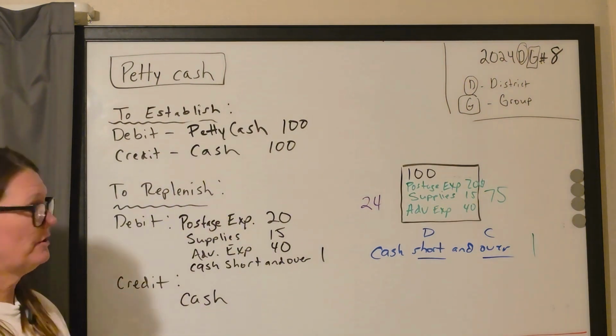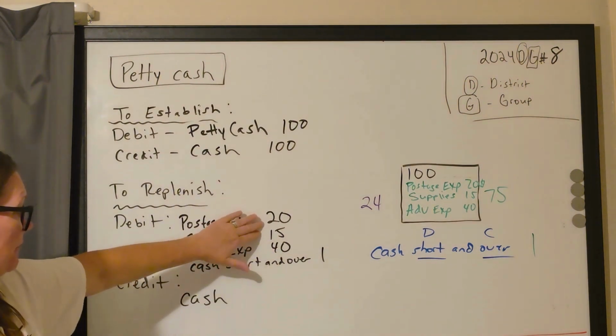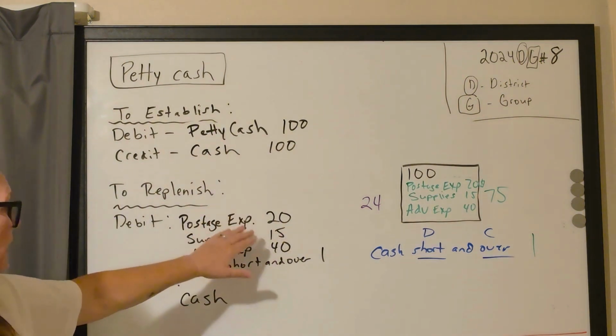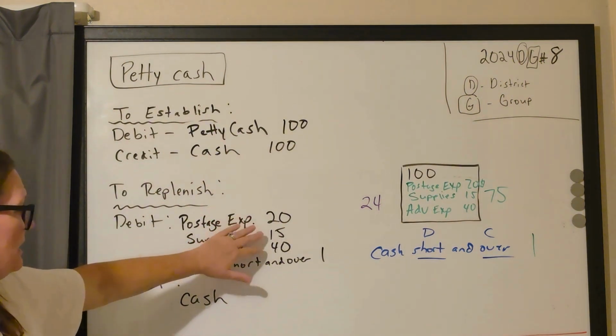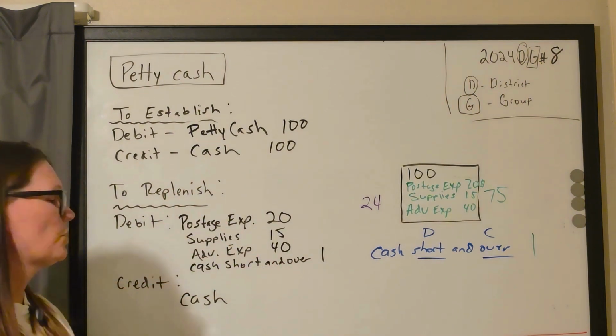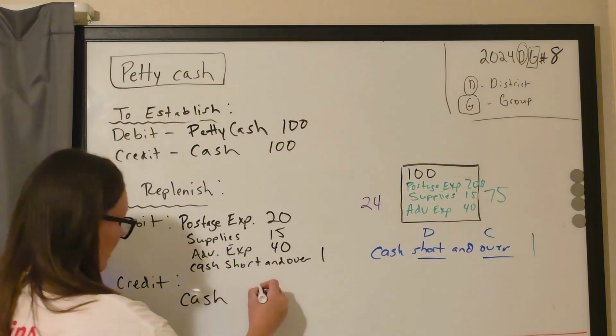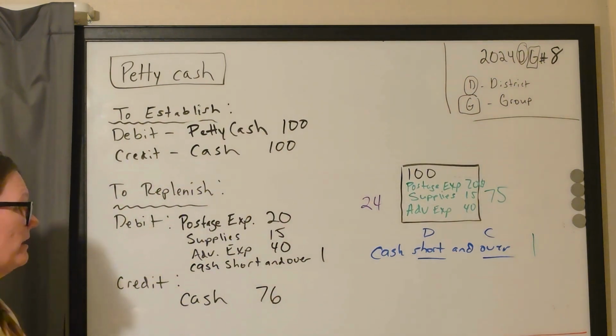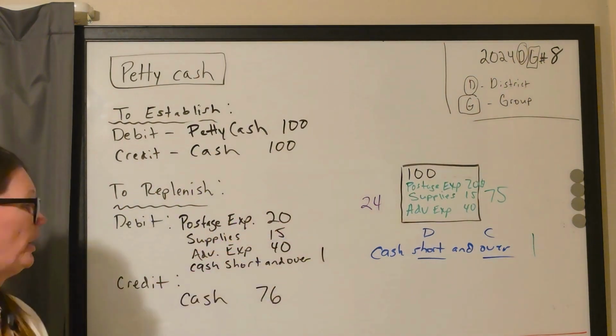Well, the easiest way is to add up the amounts here. Use your calculator: 20 plus 15 plus 40 is 75, and then 76. So we need to put $76 back into the petty cash fund, so it will equal 100 again.